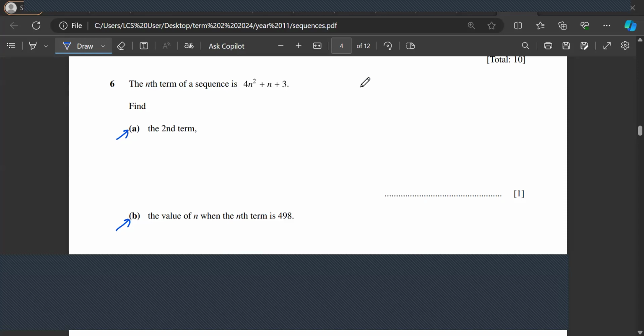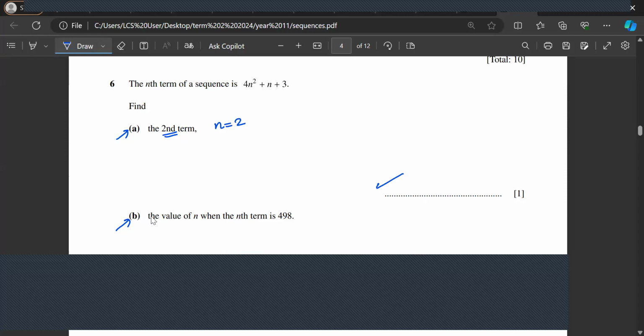For the first one, we substitute with n equal 2, the second term. Yes, that's it. So substitute with n equal 2 and get the answer.